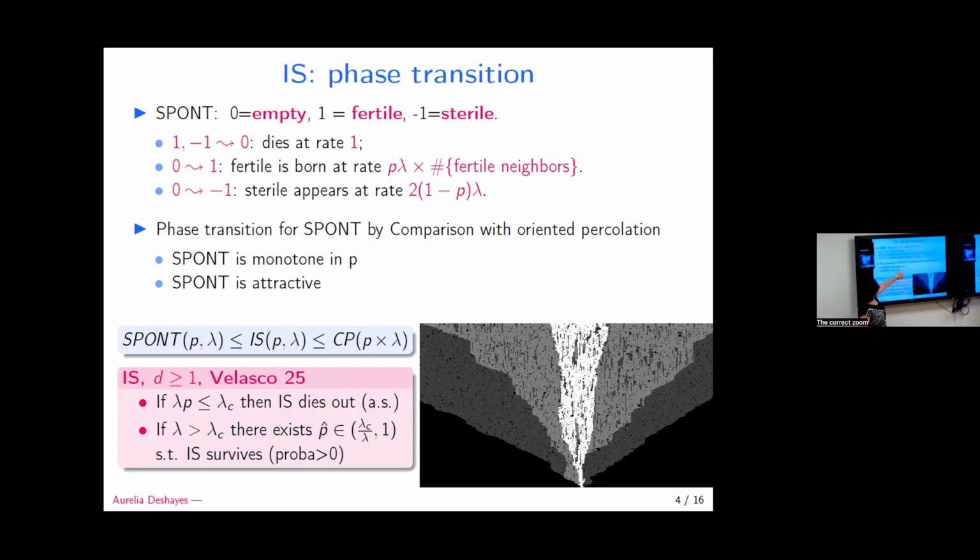No, because SPONT is monotonic. So when it survives for one P, it survives for every larger P. But I mean for IS. IS is always above SPONT. So you have an interval, but then could you have some points before the interval for IS? We don't know. That's the open question about the phase transition. We think that the phase transition for IS is smaller, and maybe there can be some points, but it's a conjecture. There is kind of a hidden monotonicity.